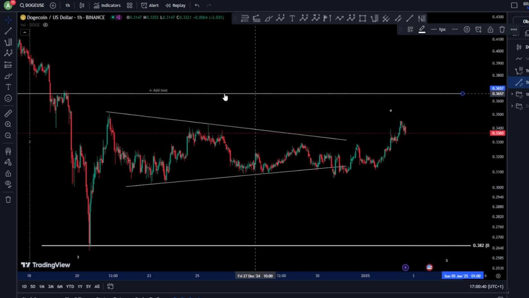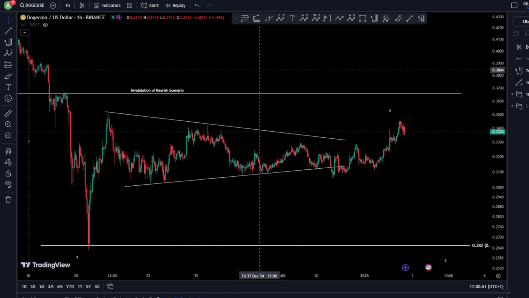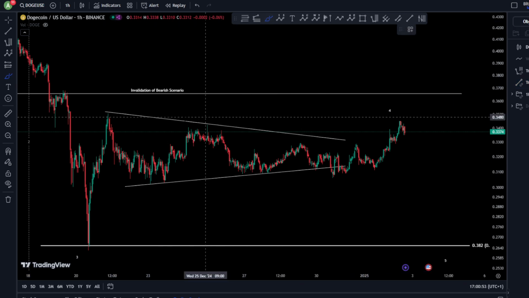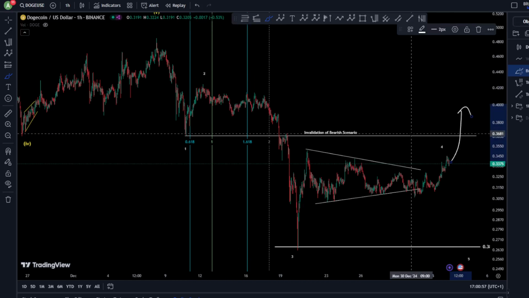Once you take this, let's write it here, it's an invalidation of a bearish scenario. In that case, you will invalidate this impulse towards the downside, and then definitely continuation towards the upside.